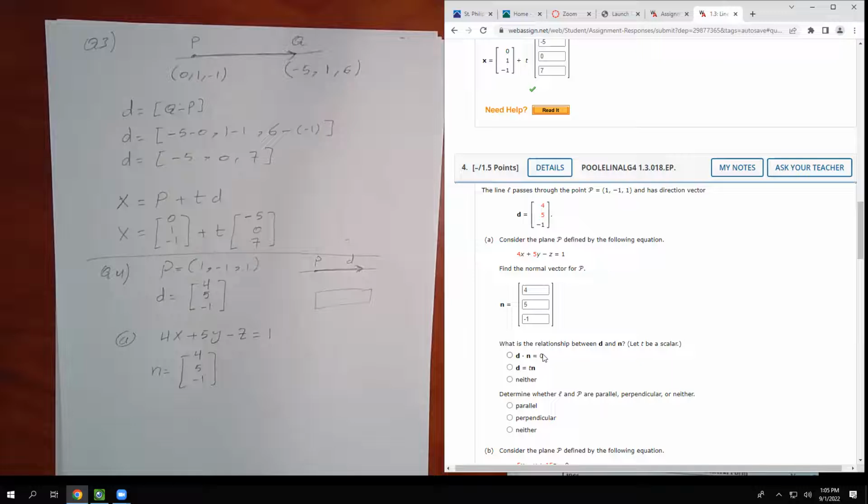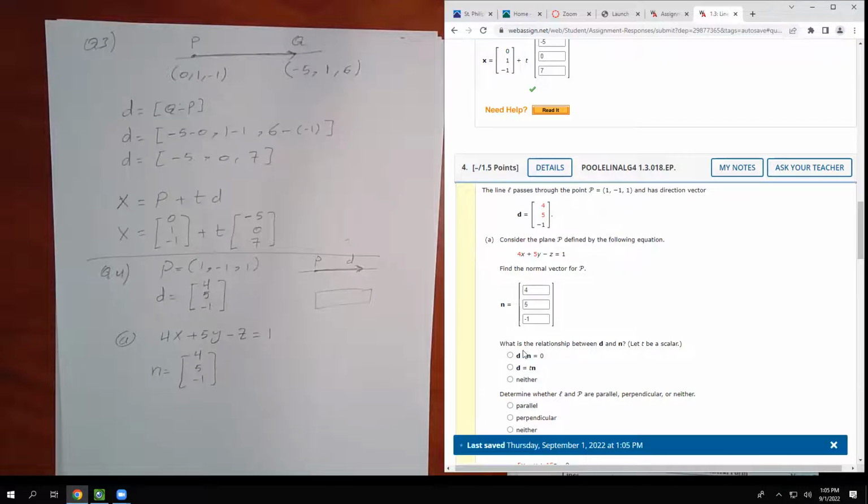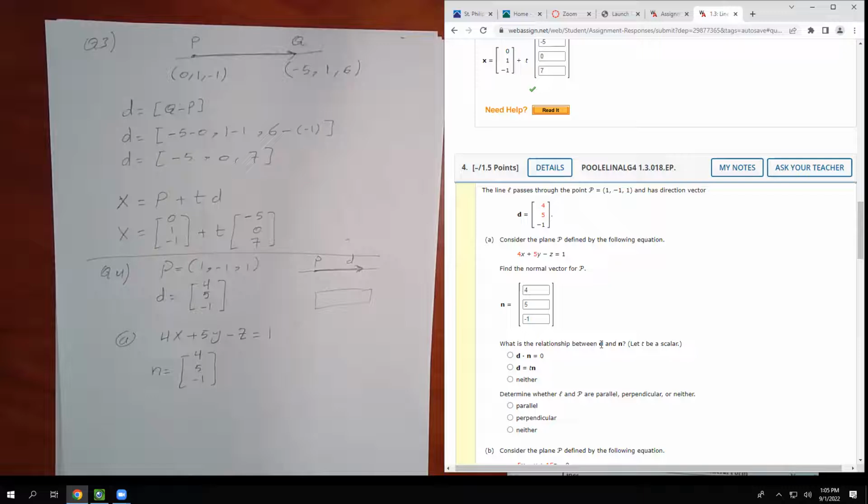Now let's check here. They're going to ask you, what is the relationship between D, the direction vector of the line, and the normal vector?